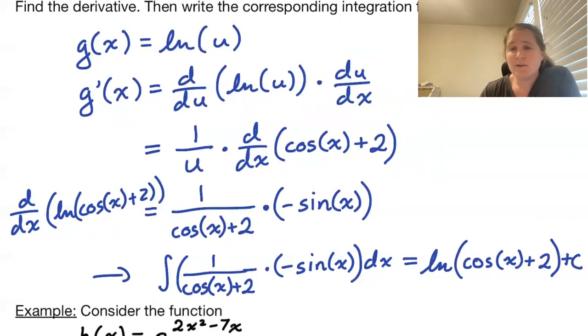In this case, I didn't use absolute value because cosine of x plus 2 is always positive. So we don't need to put in the absolute value signs.